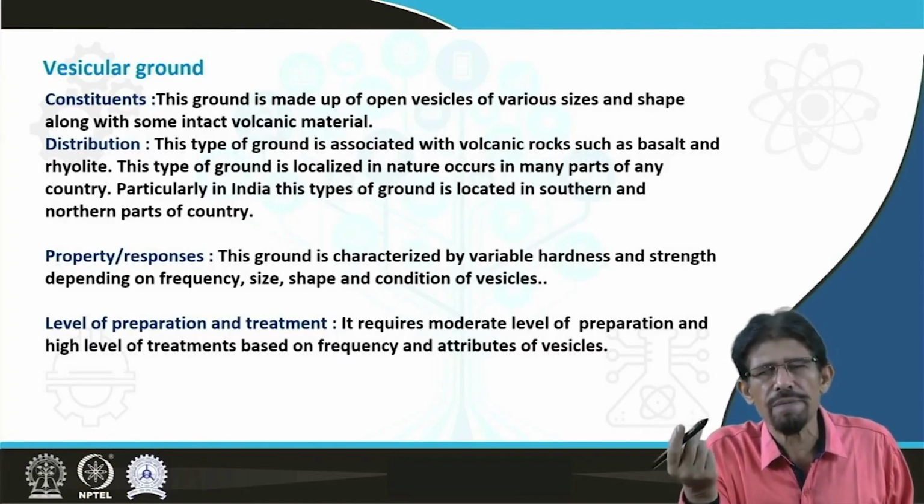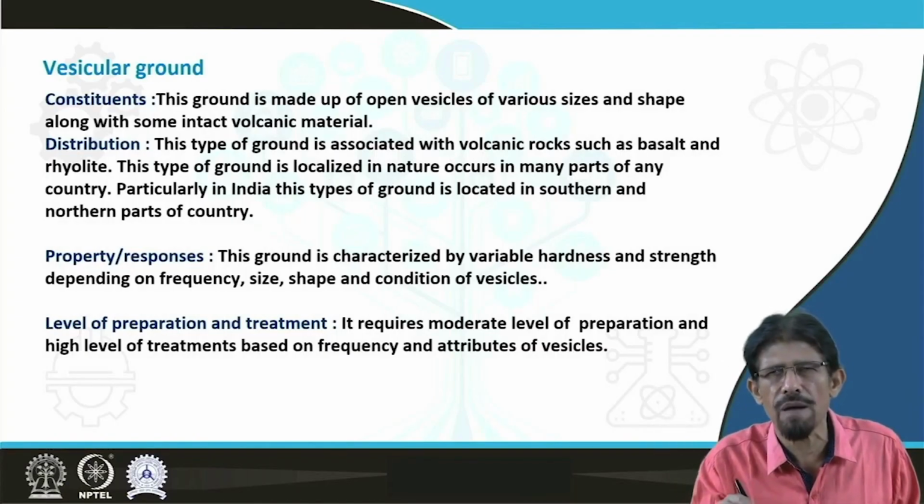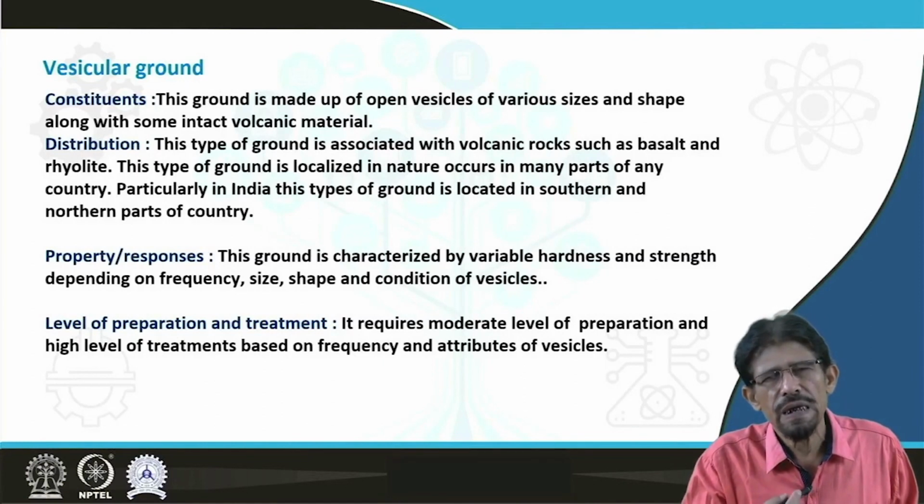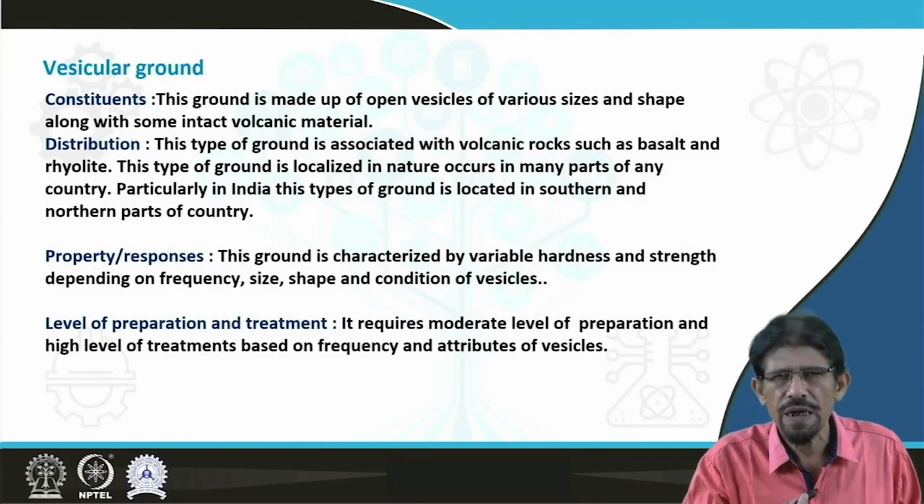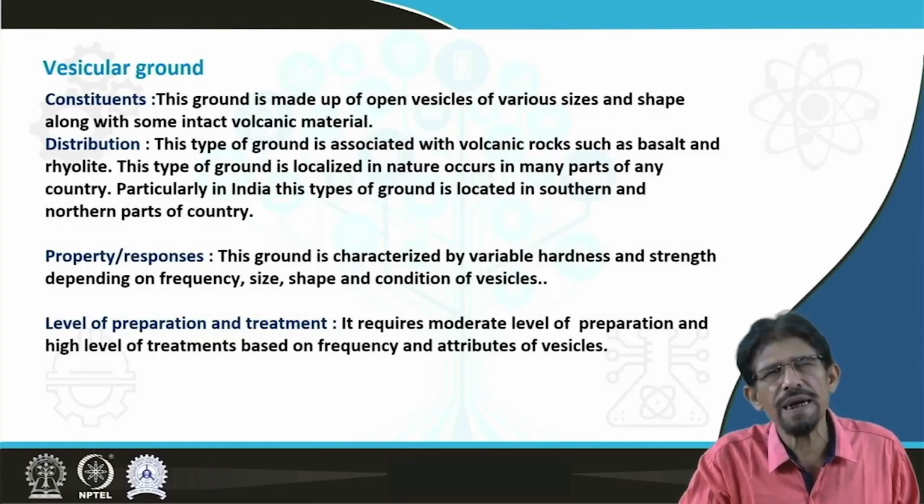Due to release of gases, there is formation of a number of cavities of different shapes and extensions. Therefore, this type of ground is characterized by variations in hardness and strength depending on frequency, shapes and conditions of vesicles. Therefore, it requires a moderate level of preparation and high level of treatment based on frequency and nature of the vesicles.